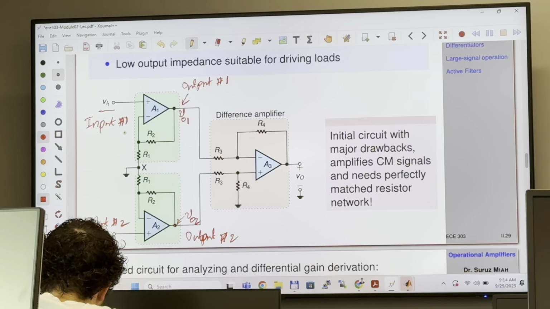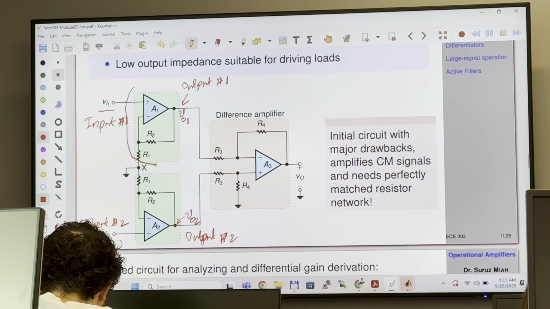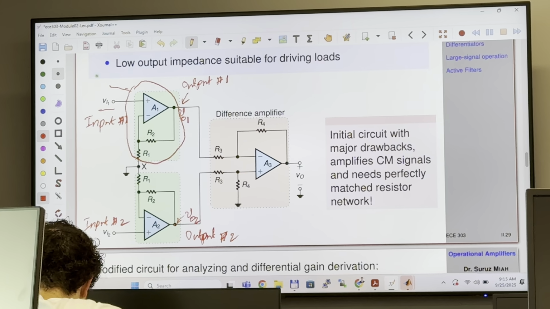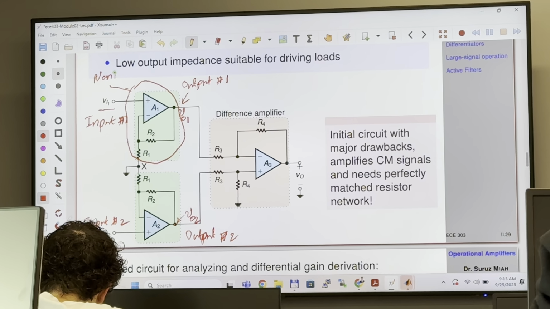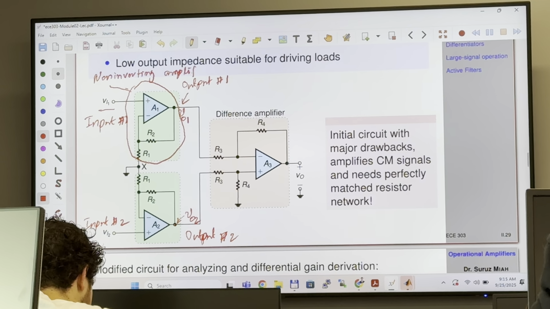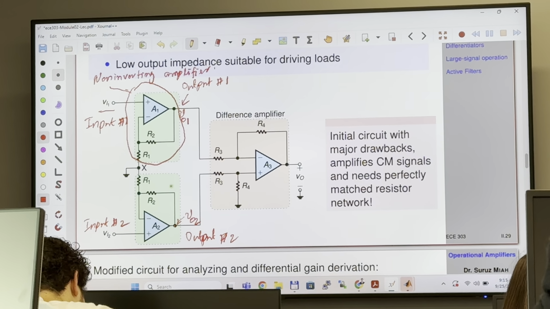If you remember, guys, this part is basically a non-inverting amplifier, and also this part.